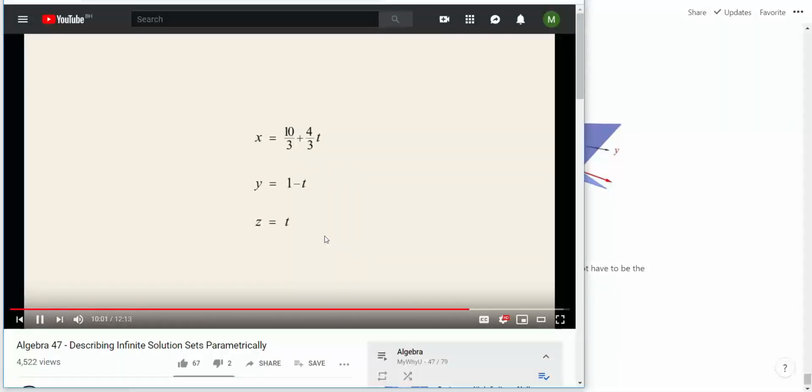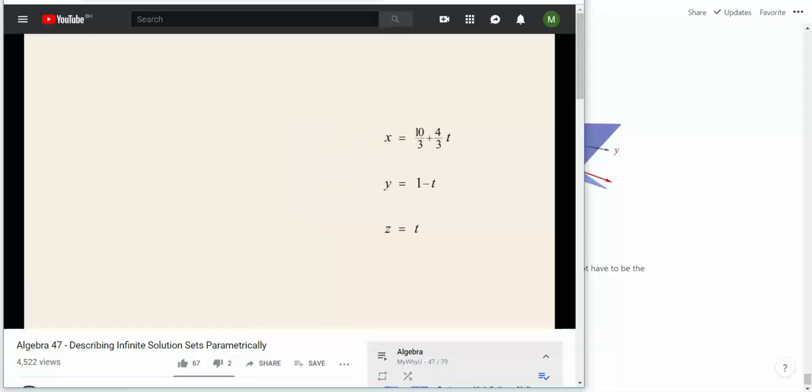In fact, we would have ended up with different parametric equations if instead of setting z equal to t, we had set x equal to t or y equal to t.